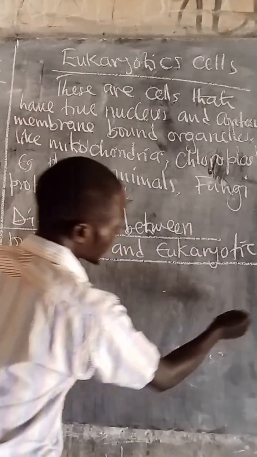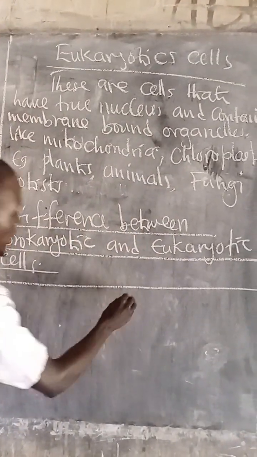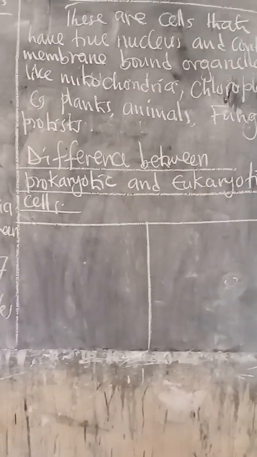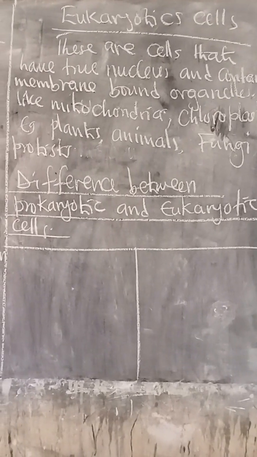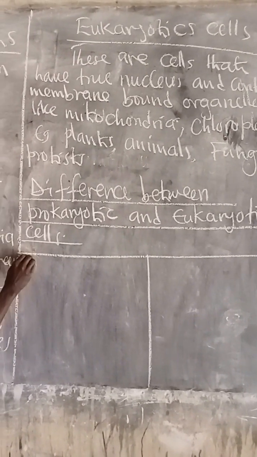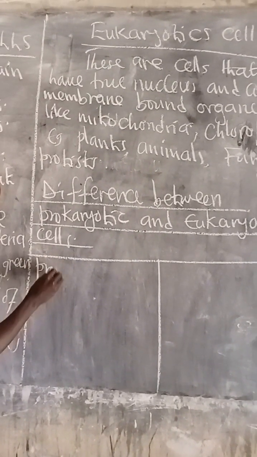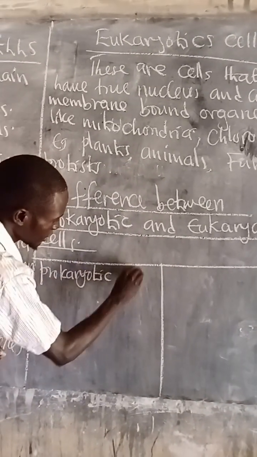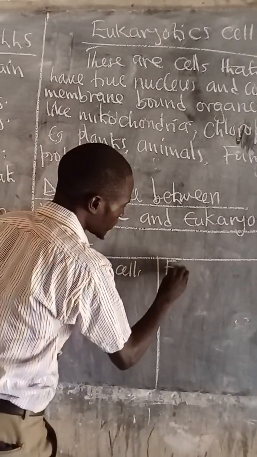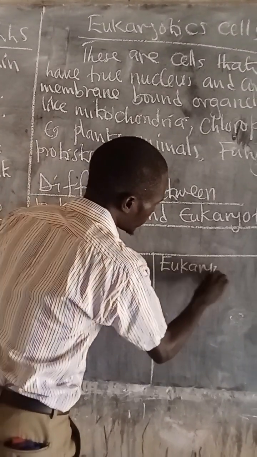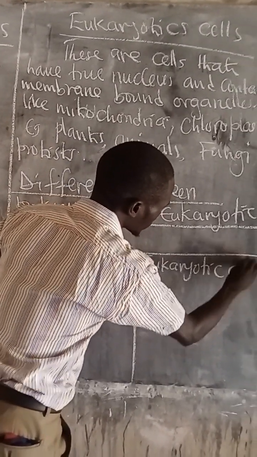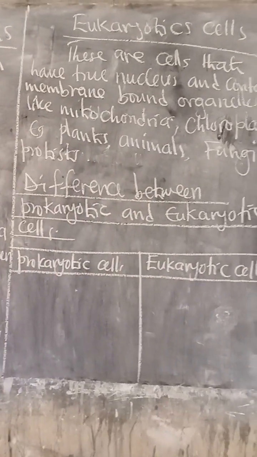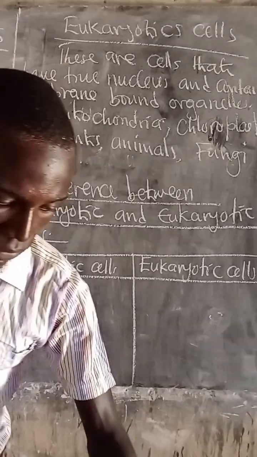We're going to look at some of the differences between the two types of cells. We have prokaryotic cells on this side, then we have eukaryotic cells here. What is the difference between the two types of cells?